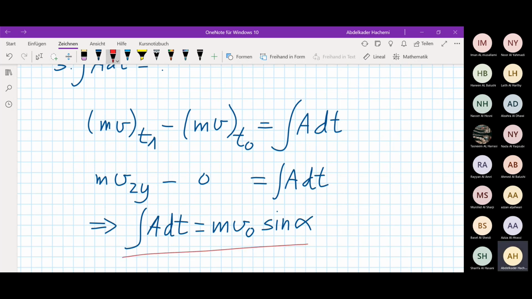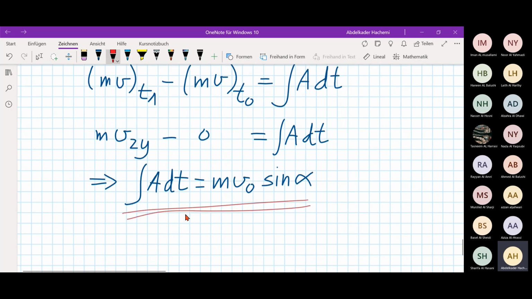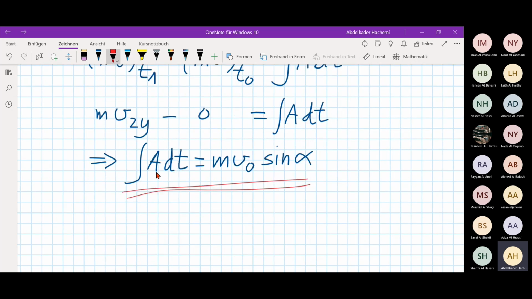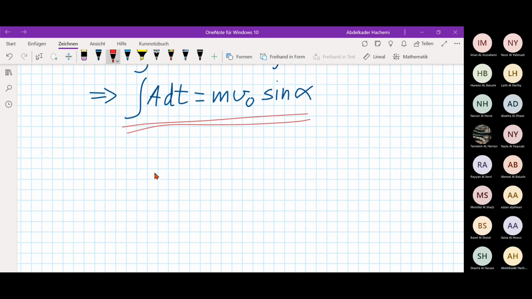This is the expression of the integral with respect to time of the reaction A between the ground and the aperture, the mass, capital letter M.